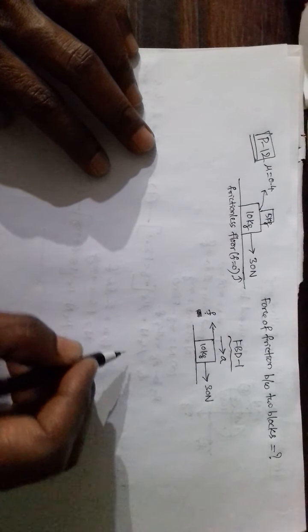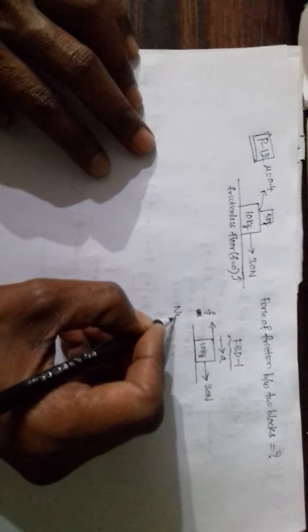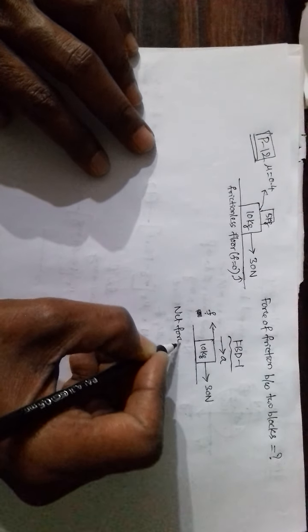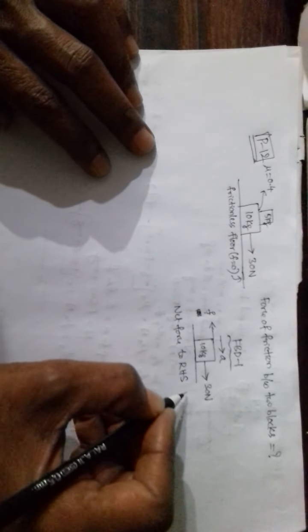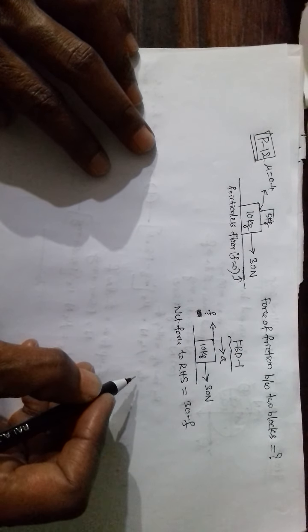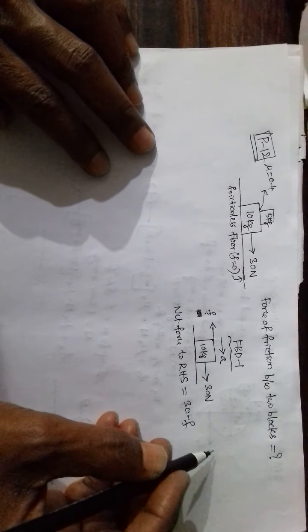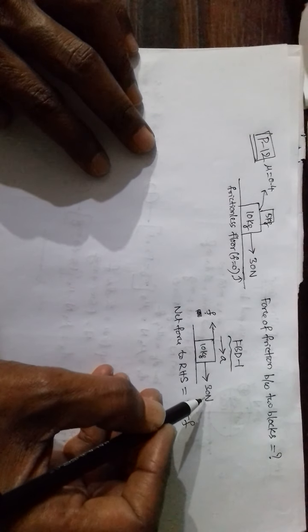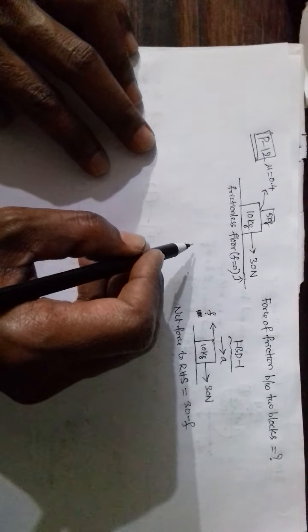Now net force to right hand side is equal to 30 minus F. In the motion direction force is taken as positive. In opposite direction force is taken negative.